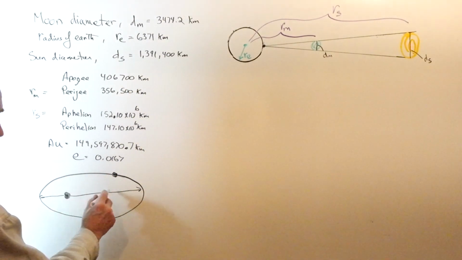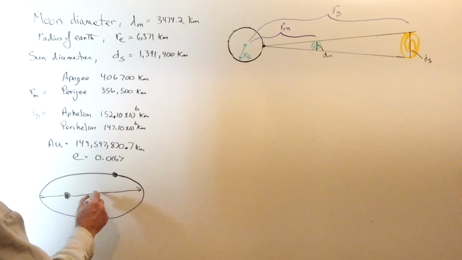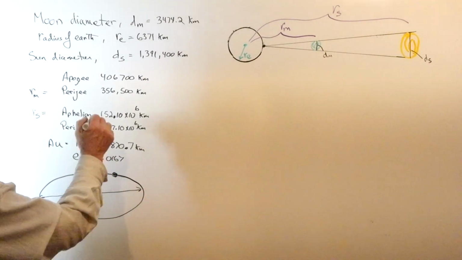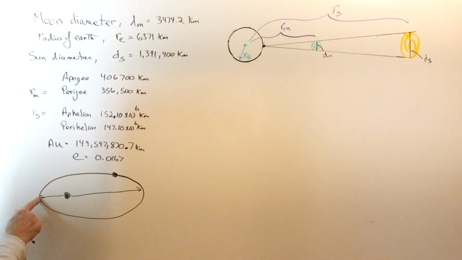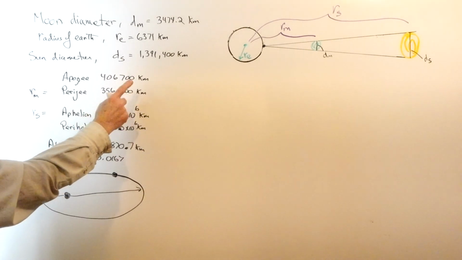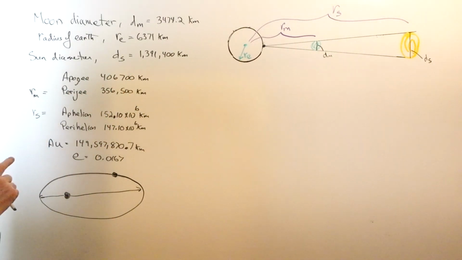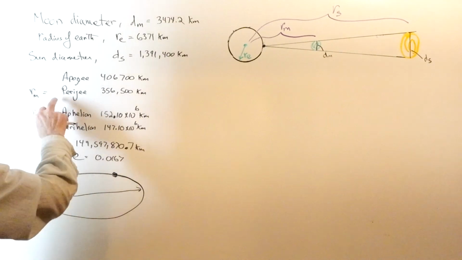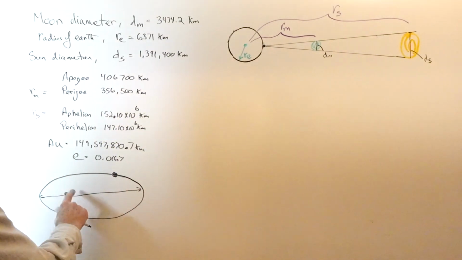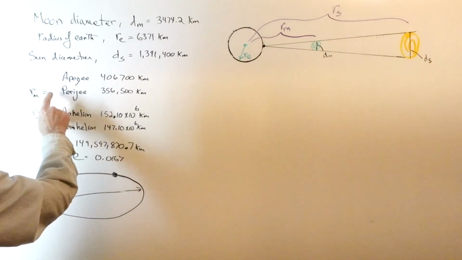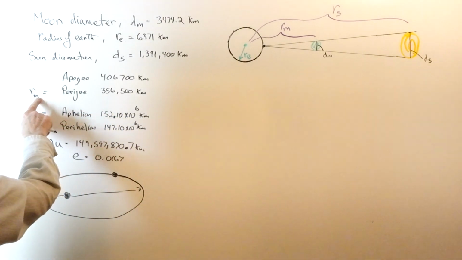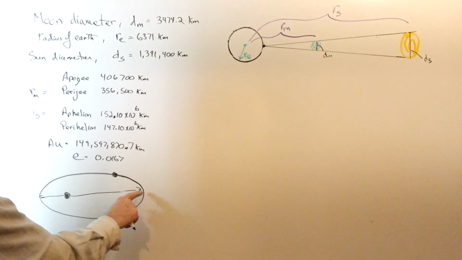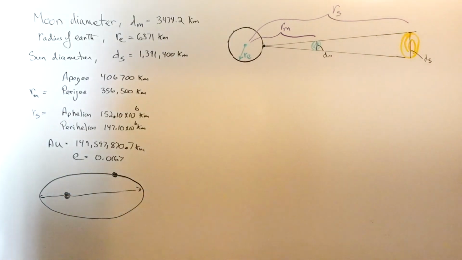But the furthest distance out when the moon is out here is called the apogee, and that's at 406,700 kilometers. And at its closest approach to the Earth, called the perigee, is at 356,500 kilometers. We will call the furthest distance that the moon is from the Earth, RM. That's the furthest distance, that's its apogee.